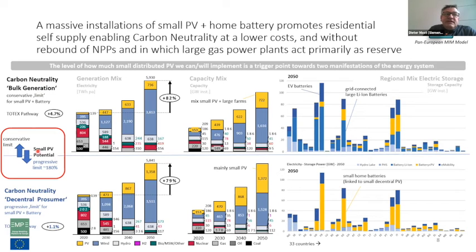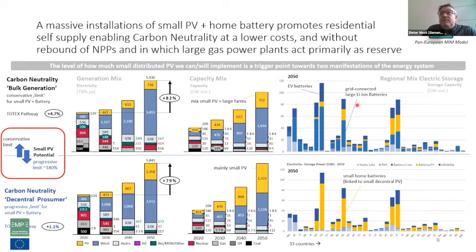The only change is this potential here. Then we have a way where we go to more and more PV, more and more wind, and we're hitting a limit, and then we have a rebound of nuclear power, and then it's working. So it's coming up with carbon neutrality, but this is a world dominated by large bulk generation units.